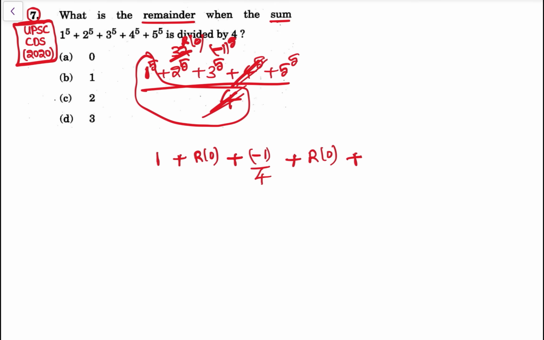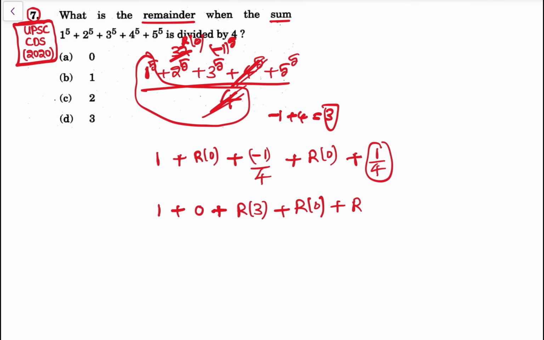Plus see 5 to the power 5, that is 1 by 4 and overall remainder is 1. Now see 1 plus 0 plus here it is minus 1 upon 4, minus 1 is the overall remainder but नहीं हो सकता, so minus 1 plus 4 हो जाएगा. See this would be minus 1 plus 4, so that 3 is the overall remainder here, plus remainder 0, plus here overall remainder 1 by 4 is remainder 1.